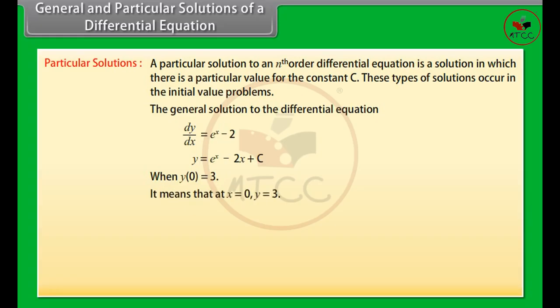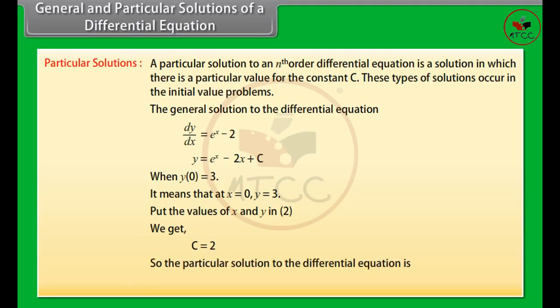It means that at x is equal to 0, y equals 3. Put the values of x and y in equation 2. We get c equals 2. So the particular solution to the differential equation is y equals e raised to the power x minus 2x plus 2.